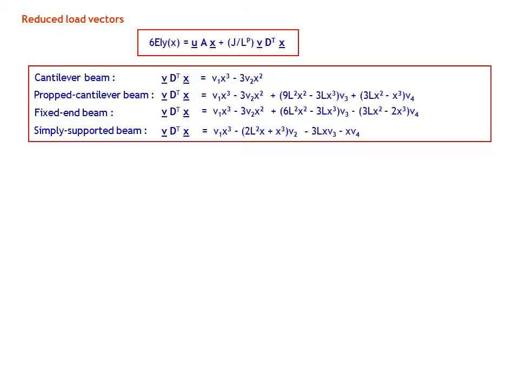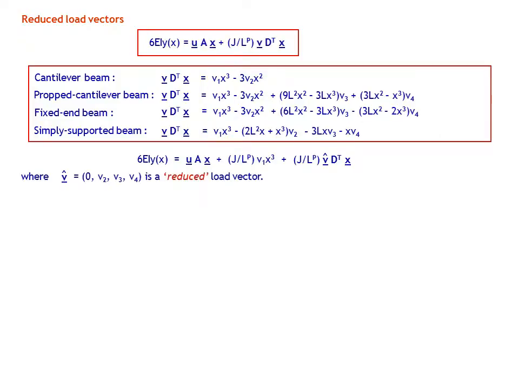The first term, v1x cubed, is the same for all four beams. So we can take this out of the v dtx and write the global deflection equation as 6EI y of x is equal to uax plus j over Lp v1x cubed plus j over Lp v hat dtx, where v hat is just load vector v without component v1. So we'll call this a reduced load vector.